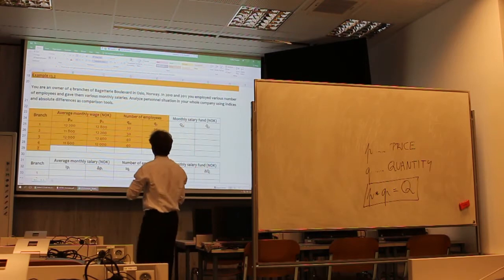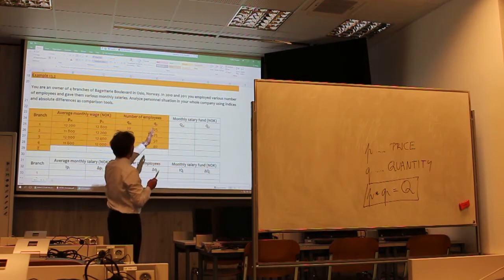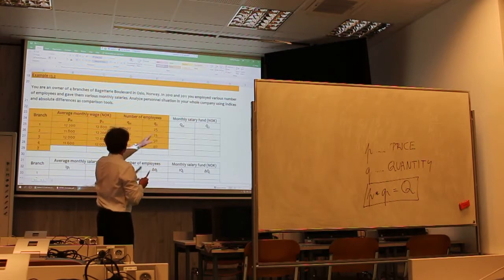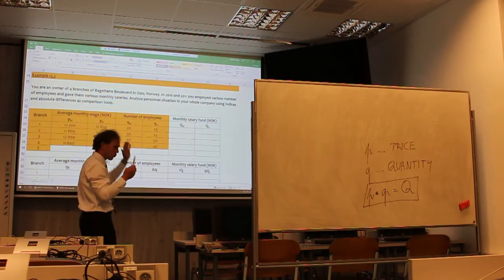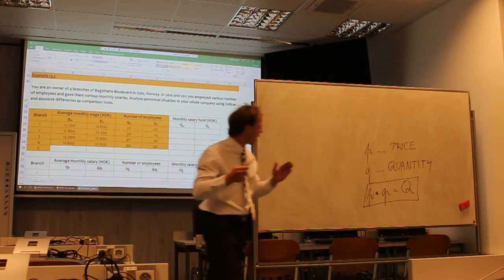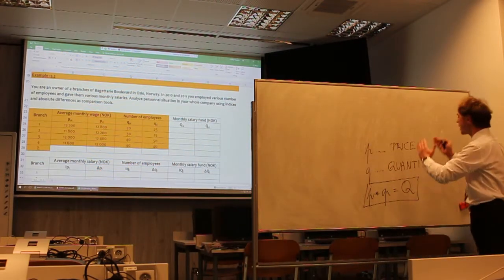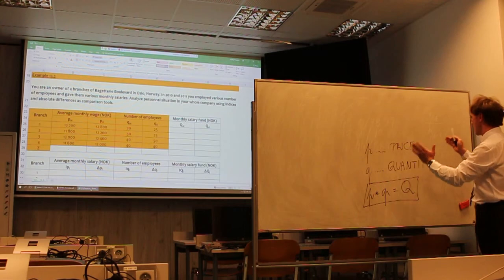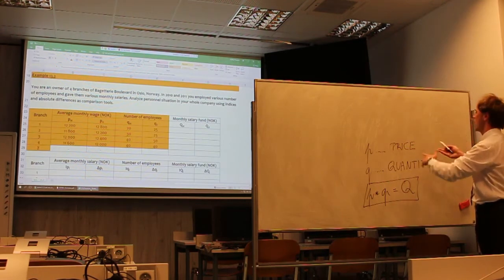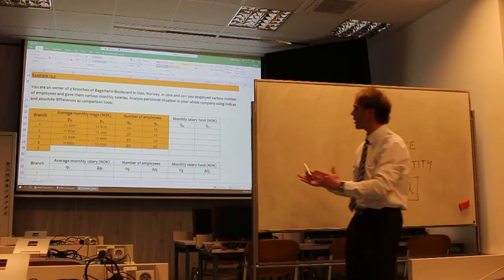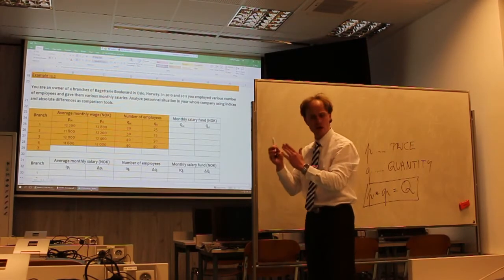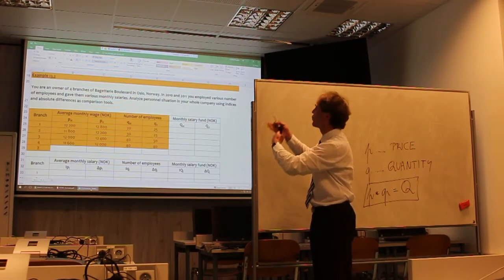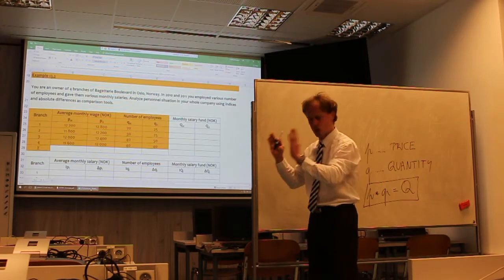Analyze personal situation in your whole company using indices and absolute differences as comparison tools. Okay, we will use individual indices and absolute differences like a measure for comparison of your company, of your Baguetterie Boulevard, with 4 branches in Oslo.